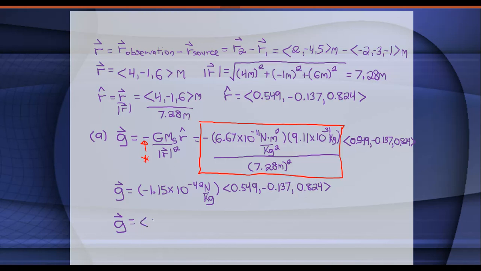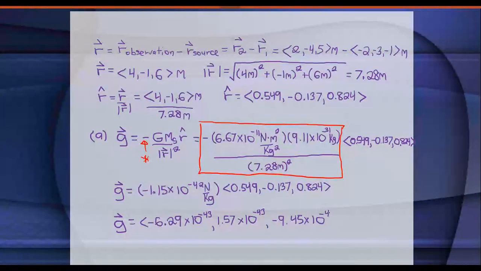So this would give me G is negative 6.29 times 10 to the negative 43, and then 1.57 times 10 to the negative 43, and then negative 9.45 multiplied by 10 to the negative 43. And the units would be newtons per kilogram.